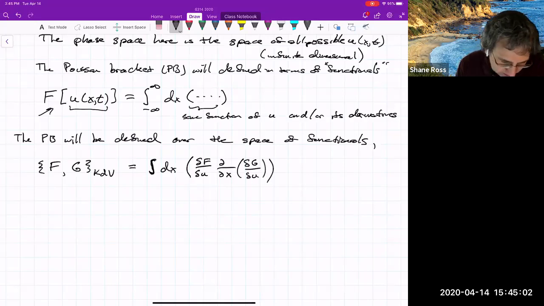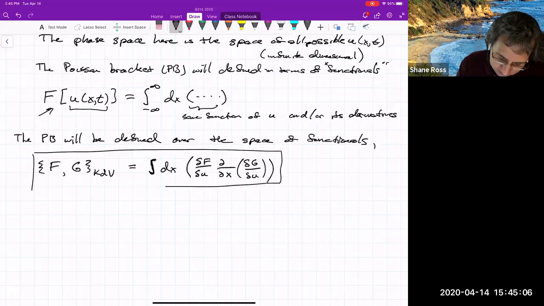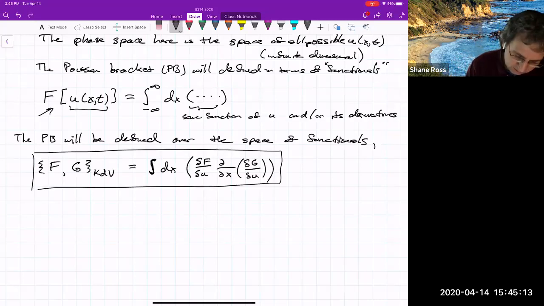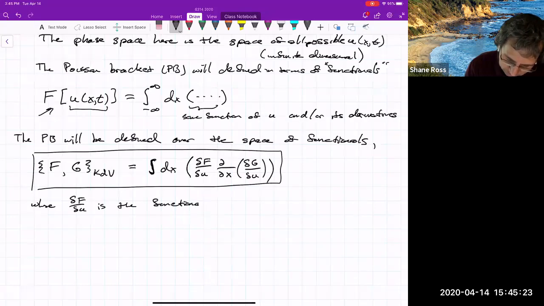And if you're like, what are these? Well, we saw them in an earlier lecture, I believe, when we talked about variational principles. So delta f delta u is the functional derivative.